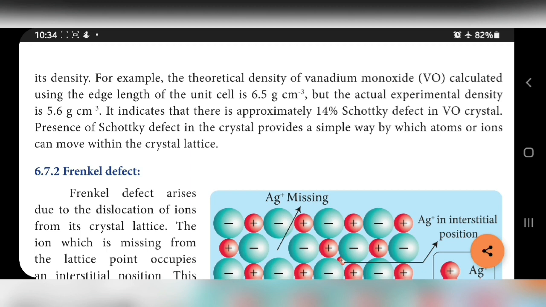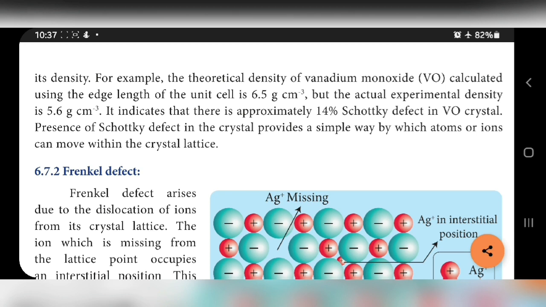It indicates that there is approximately 14% Schottky defect in the VO crystal. The presence of Schottky defect provides a simple way by which atoms or ions can move within the crystal lattice. In Schottky defect some ions are missing, so cations and anions can move within the crystal.